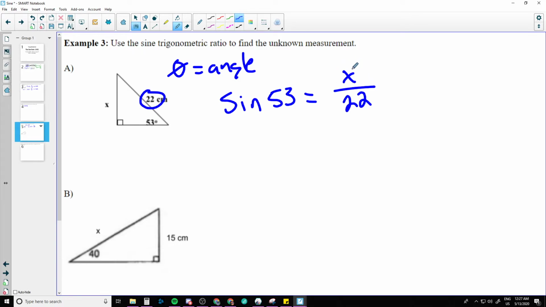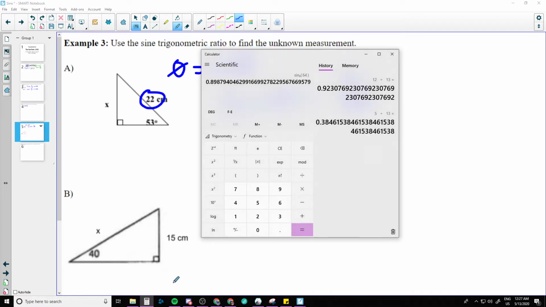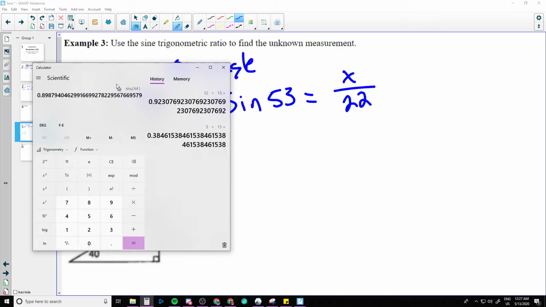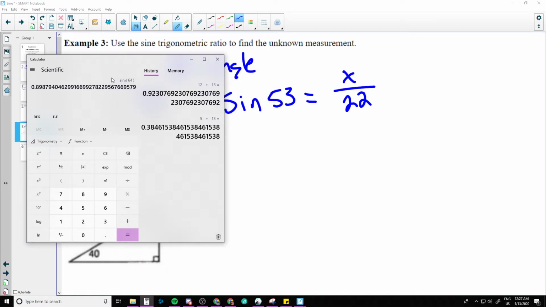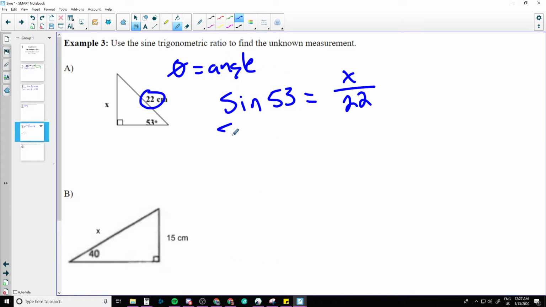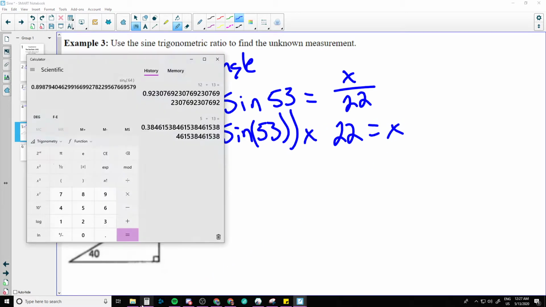Now when x is on the top here, we're going to multiply these two together. Why do we do that? Because these are connected by division, and in order to get it across to the other side, so x is by itself, we have to multiply it. So we're going to take the sine of 53. Let's just write that down. So we're going to do sine 53 times 22 is going to equal x.